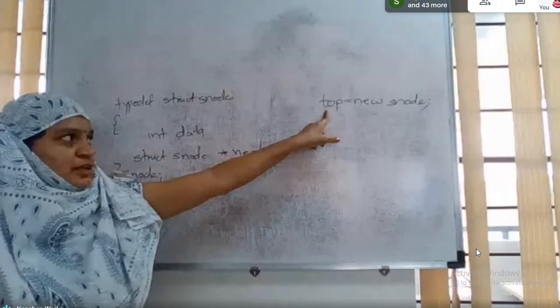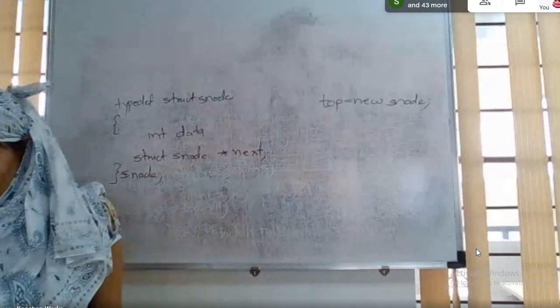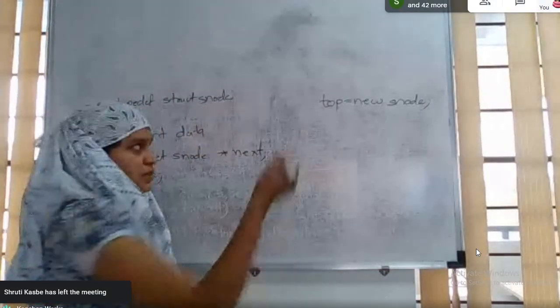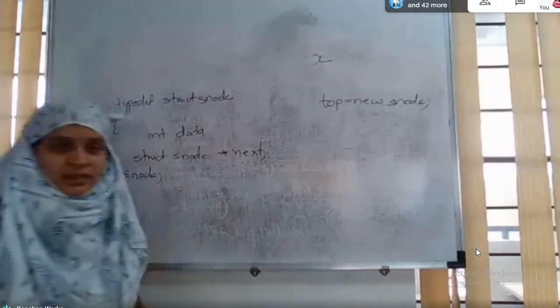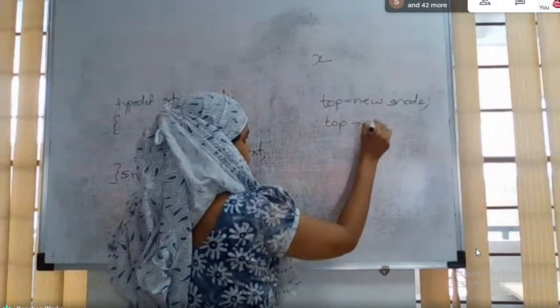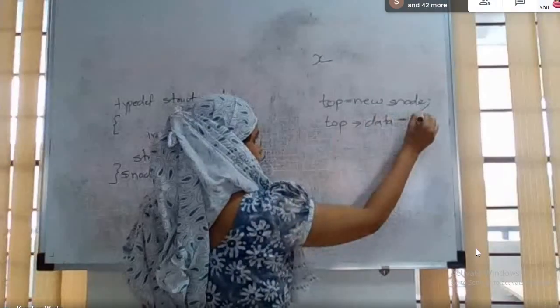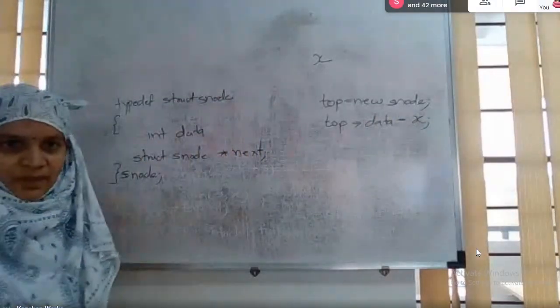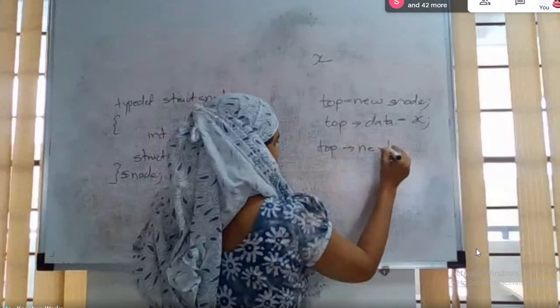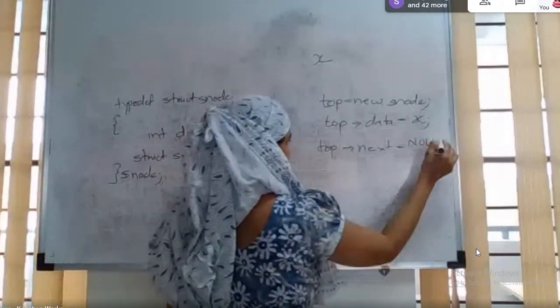So we'll define top equals to new node. Then we will ask the data. Suppose the data I want to insert in the node is X. So I will write top of data equal to X and top of next equal to null.